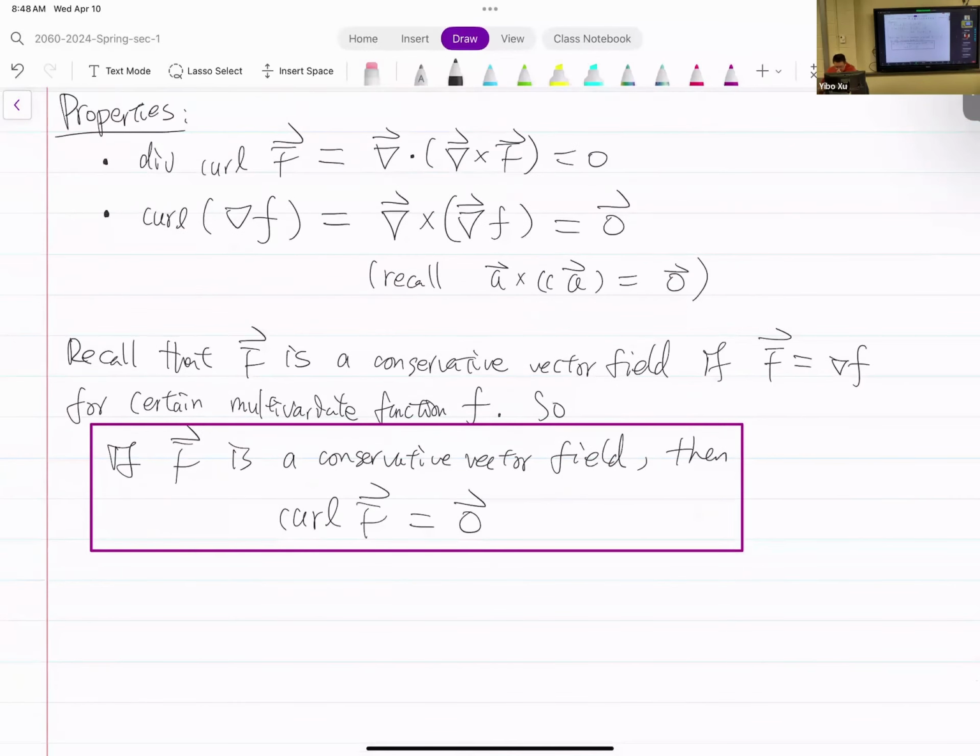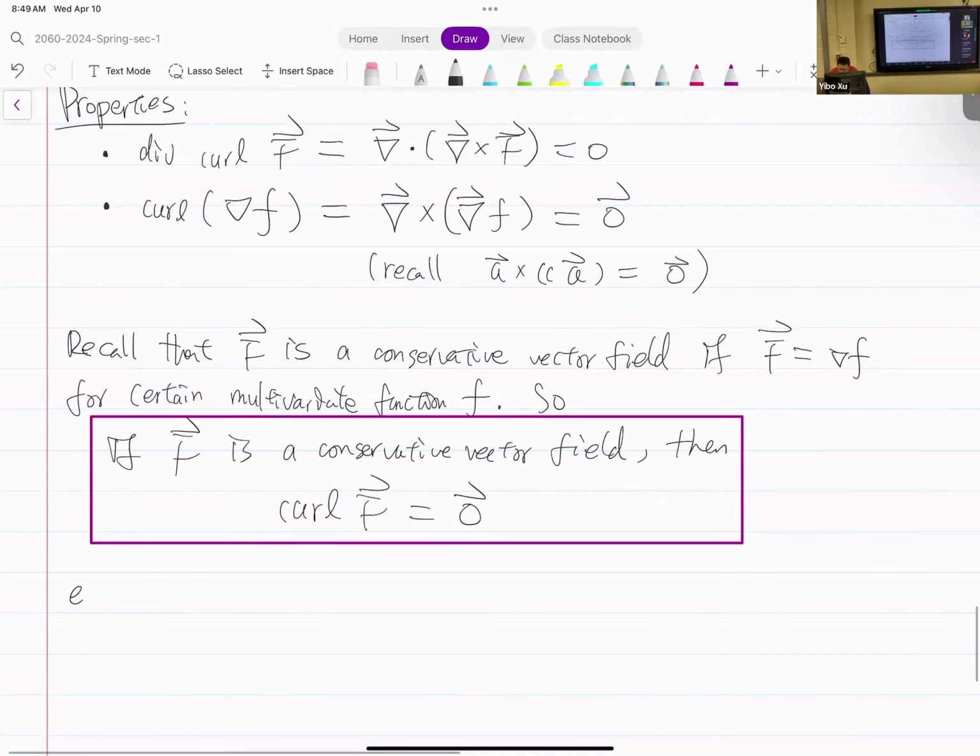So this is a property of the conservative vector field. But then later we will see that indeed, if you have a vector field and then it's differentiable at every component, and the curl of this vector field is a 0 vector, then you can say that vector field is conservative. Okay. So this is actually a very important result.